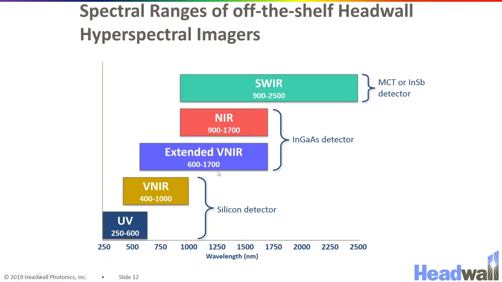There are also extended VNIR sensors that go out to 1700 nanometers using InGaAs detectors. And finally, shortwave infrared sensors or SWIR sensors that cover 900 to 2500 nanometers that currently all use MCT detectors.